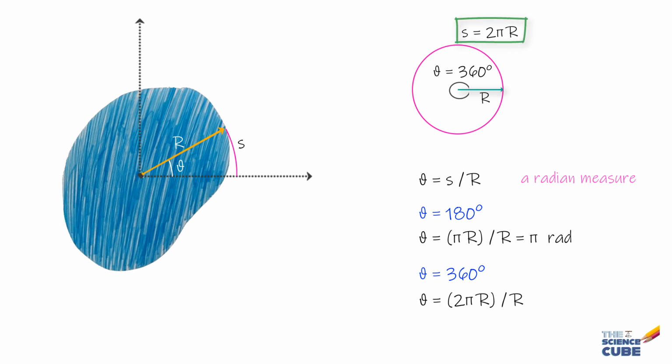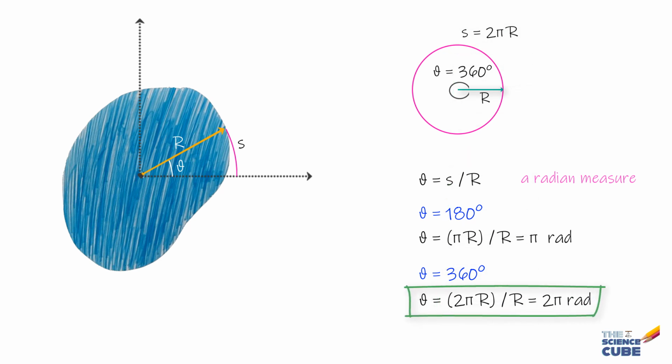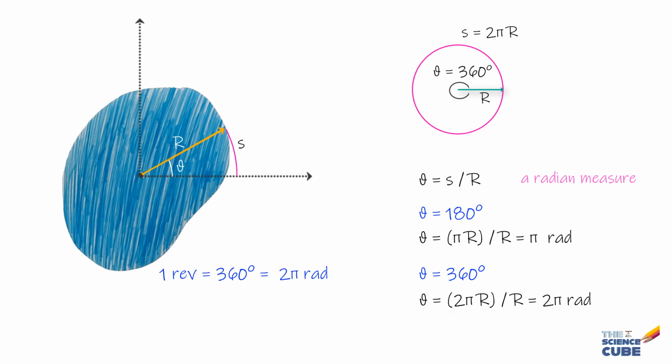And if we divide this by r, we get 2 pi. That is, we can say that the radian equivalent of 360 degrees is 2 pi radians. So this equality gives us 1 radian is equal to 57.3 degrees, which equals 0.159 revolutions. And you might want to memorize this because it will help you save time when you solve problems.